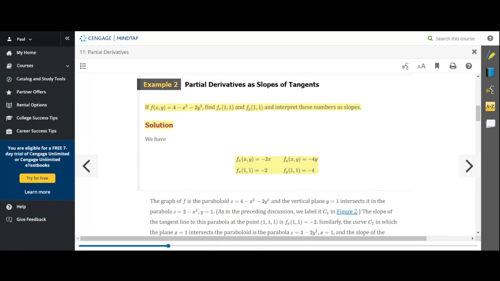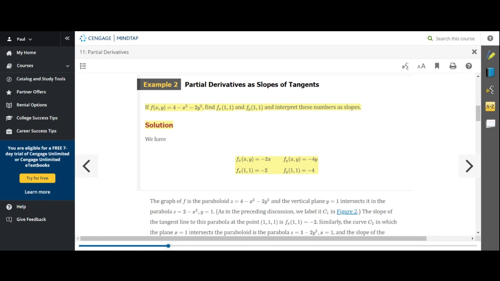What's the highest point on this paraboloid in example 2? That's right, 4. Does the paraboloid open upward from 4 or downward from 4? Good. It goes downward. So in our minds, we're picturing this paraboloid opening downwards.